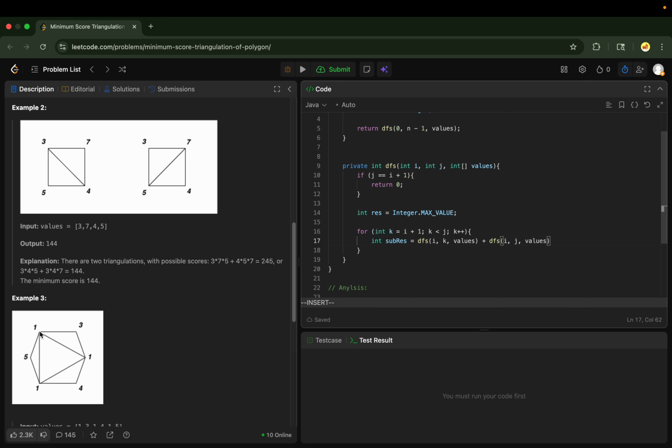If we pick up 1 and 5 and pick up this one as k, we also need to calculate this part, which still needs triangulating. So DFS from i to k, and then k to j, plus values[i] times values[k] times values[j]; it should be times.